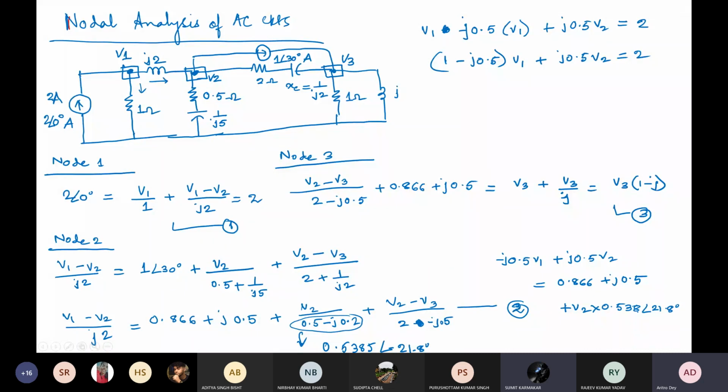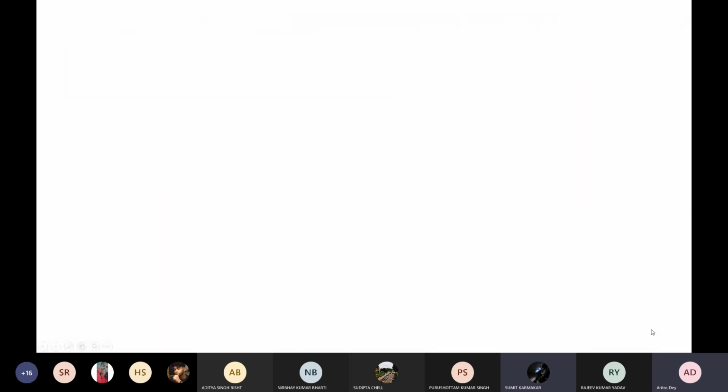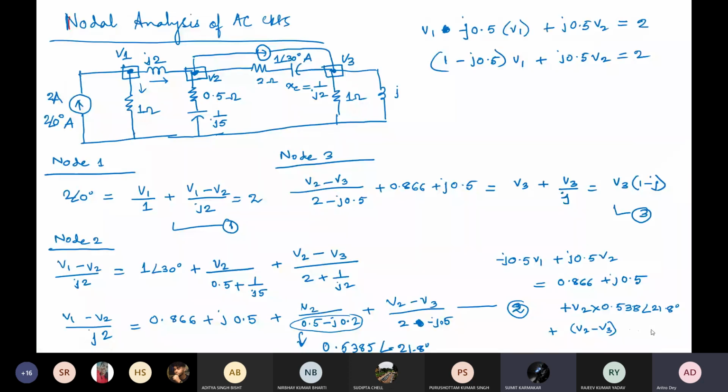In the same way, on this side you can write V2 minus V3 equal to, and you do this and you will get your answer. In that way you keep on solving, and then you will get your equations for V1, V2, V3 equal to something, in the form of complex quantities.